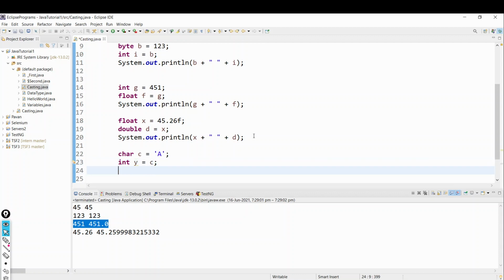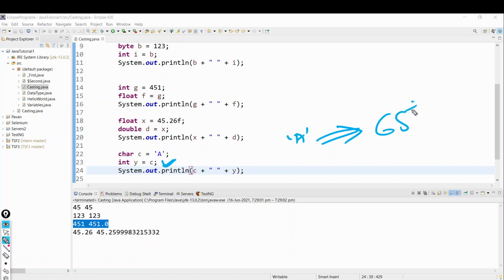First I'll just write System.out, and we saw this actually when we were dealing with int and char, but let's quickly recap. Whenever you want to assign a char value to int, it will fetch the ASCII value, so it will come out to be something like 65.